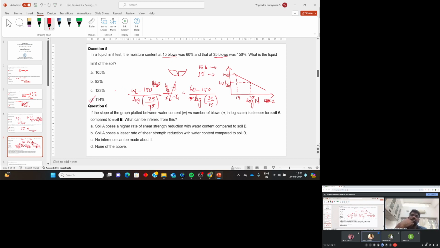So those who got 105 can please check it once again. One mistake is in WL minus 150 by log 35 by 25.